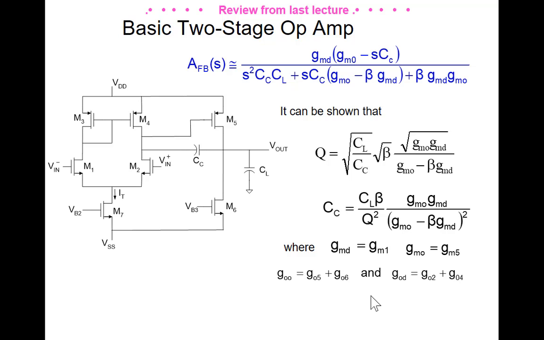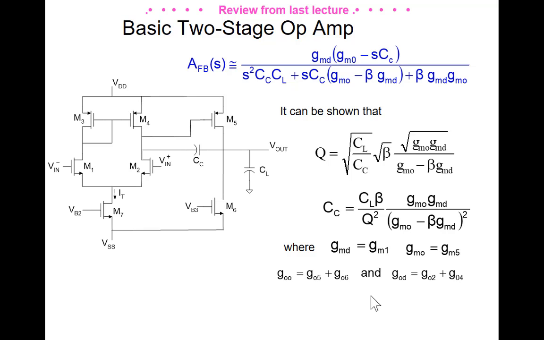The open loop gain for this two-stage op amp would have been, what did it look like? It would have been GM0, GMD over, and I guess the numerator is the same.